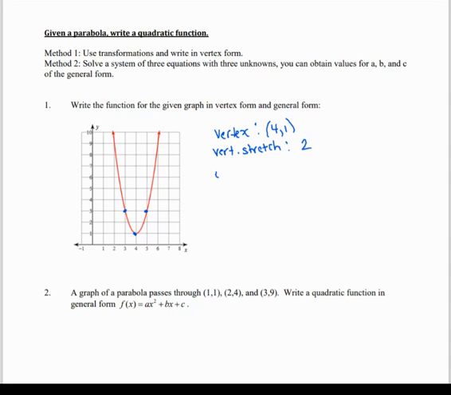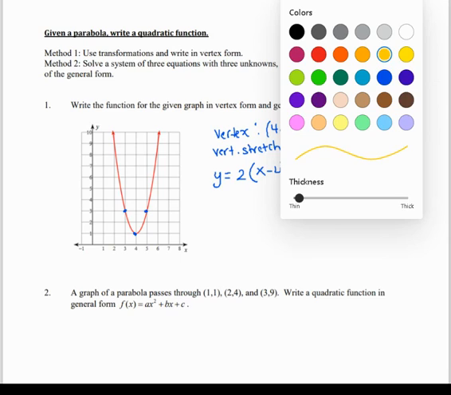So therefore, that function is y equals 2 times (x minus 4) all squared plus 1. Again, we went to the right 4 and up 1 to find that vertex. So if I look at all my transformations, we have our stretch, right 4, up 1. And don't forget about the quadratic. So that is vertex form.